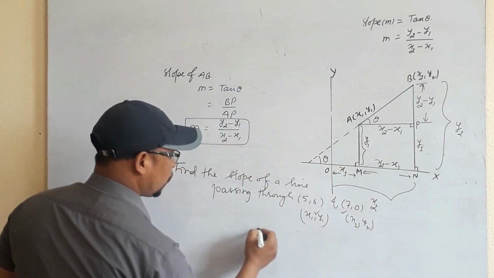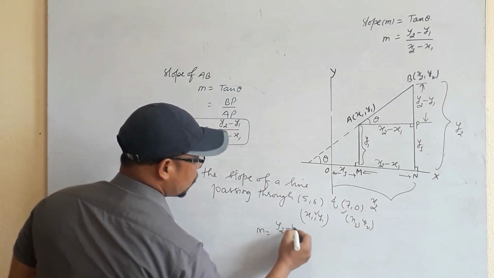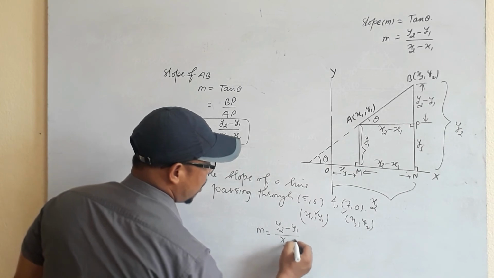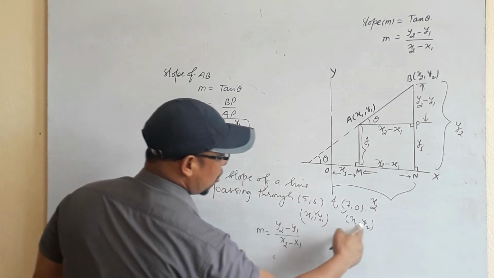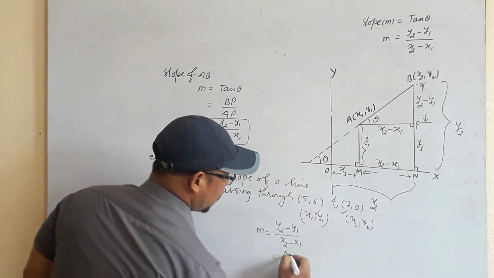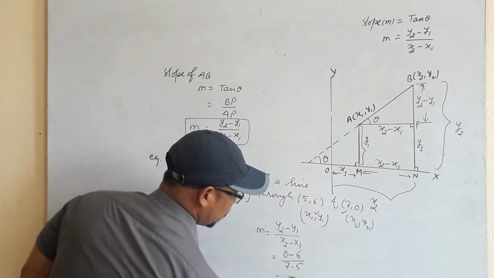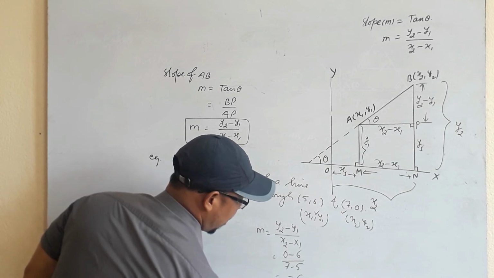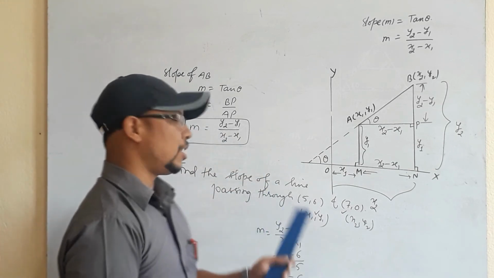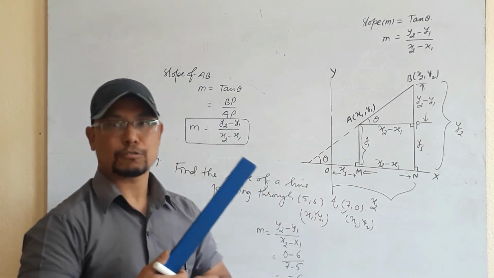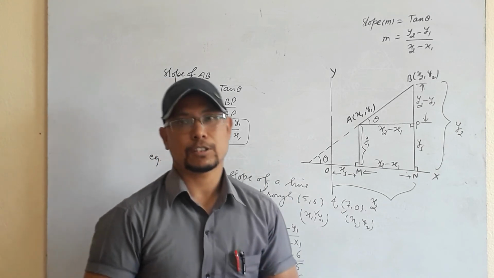So we use the slope formula, y2 minus y1 by x2 minus x1. This is 0 minus 6 divided by 7 minus 5. This gives minus 6 by 2, which is minus 3. So the slope of this line is minus 3. This is how we find the slope.